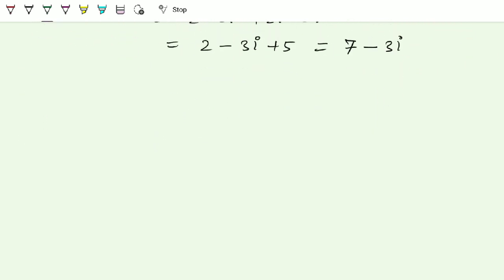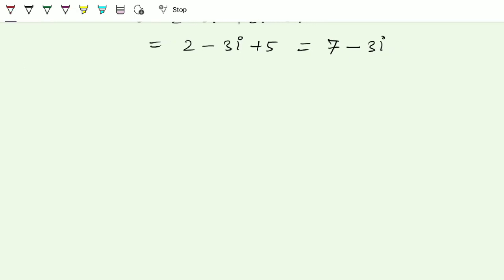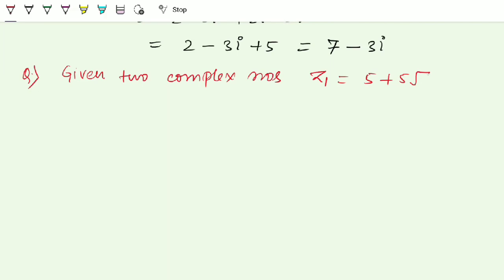Now let us take another GATE question based upon the properties we have already seen. Given two complex numbers Z1 equal to 5 plus 5 root 3 iota and Z2 equal to 2 by root 3 plus 2 iota.